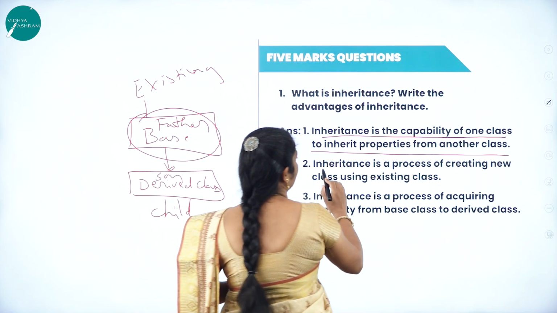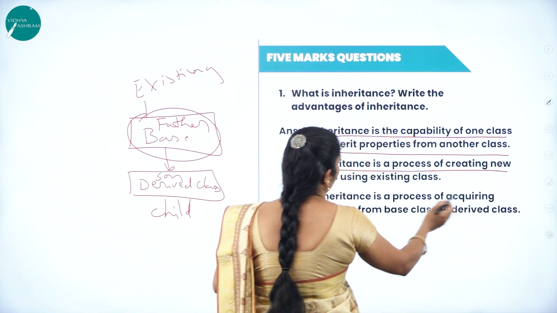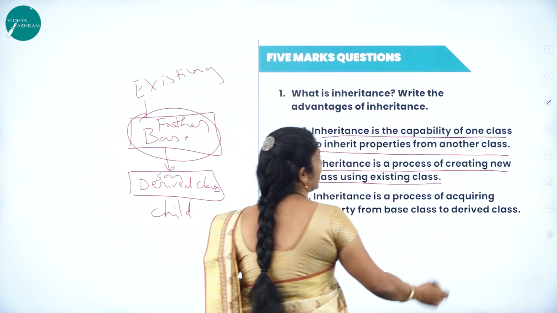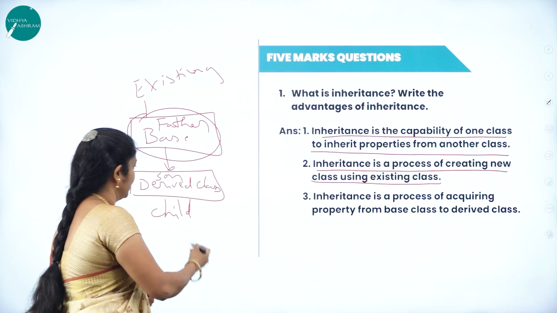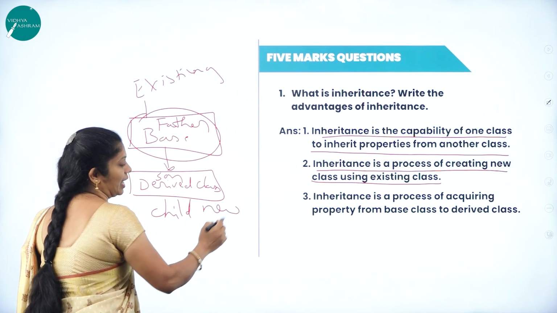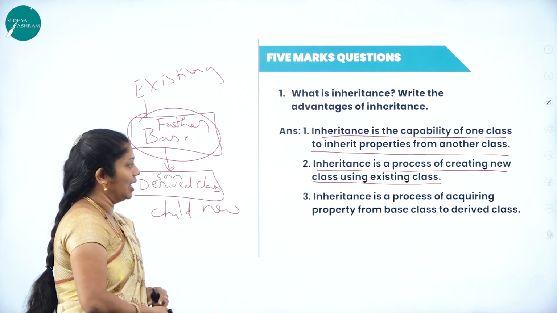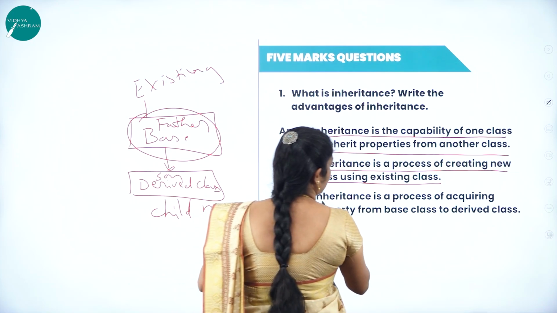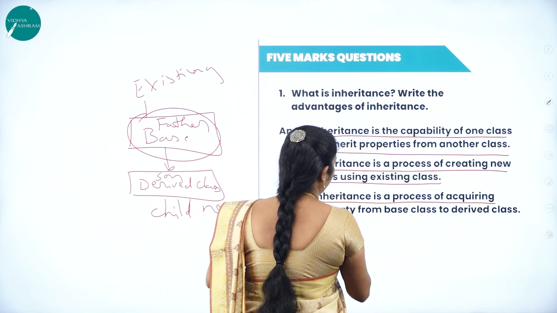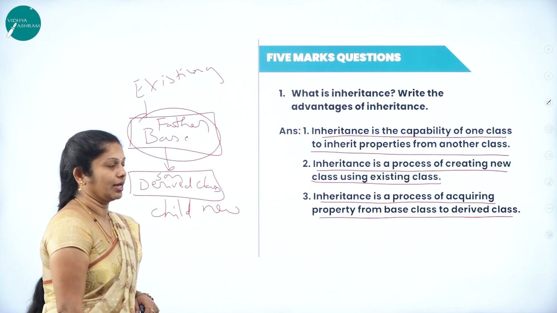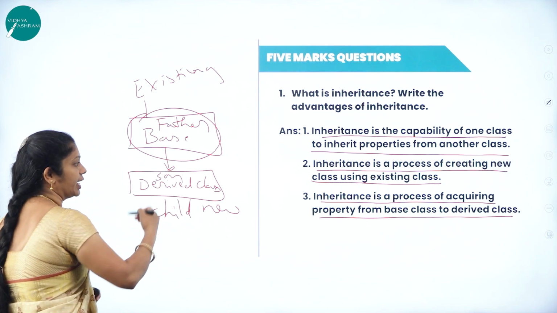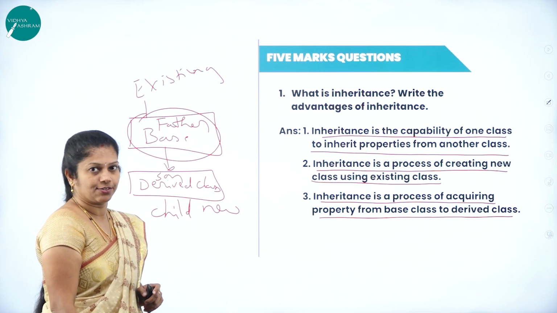It is a process of creating a new class by using an existing class. Inheritance is a process of acquiring properties from base class to derived class. From base class to derived class, all properties are transferred here.